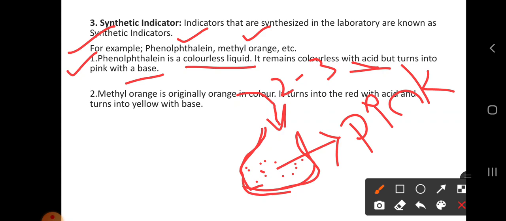So phenolphthalein remains colorless with acid but turns pink with a base.